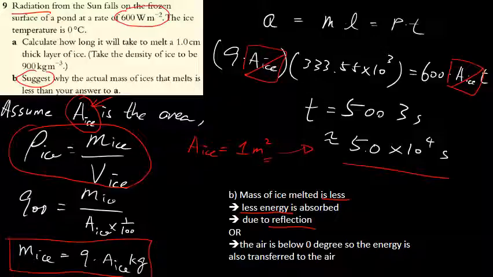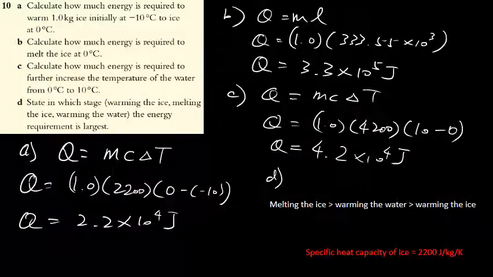It will probably be less. Or, though I don't think it is that usual, if the air is below 0 degrees, energy from the ice is also transferred to the air. I'm not sure, but I think that's a possible reason.